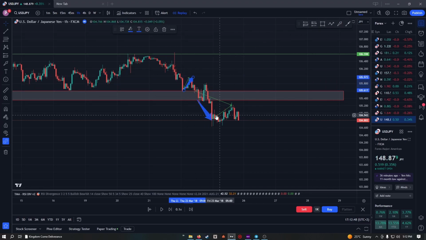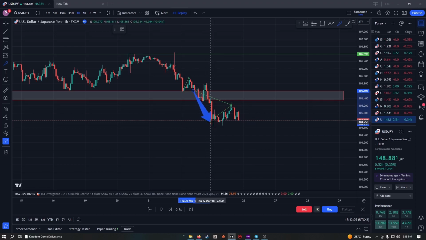The market went against us when we tried to sell this one up here. It went against us. So what we did, we took this $25 loss and sort of closed it, and we sold here, right?